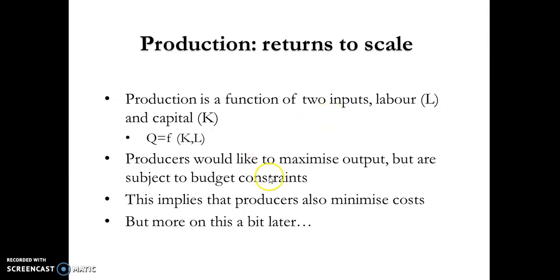You will learn that producers ultimately want to maximize their output, but they are faced with cost constraints. So this implies that producers also need to consider how they can minimize costs. But we won't deal with this this week as you haven't dealt with it in ECO231 yet. We will come back to this when we return in week 7.